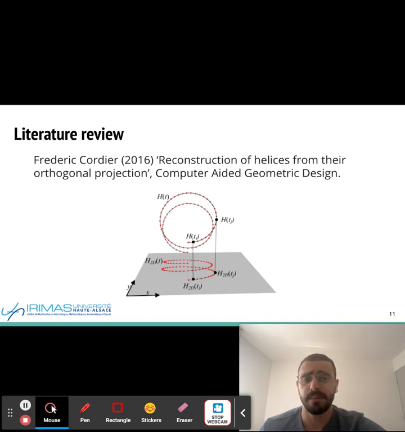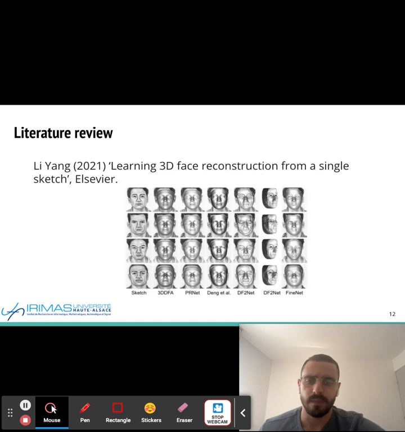As its title says, it's a reconstruction of ellipses from their orthogonal projection. The idea behind it is to search for the ellipse whose orthogonal projection fits best with the input curve. And to do so, they used some special properties of the ellipse with some optimization technique in order to find the ellipse parameters.